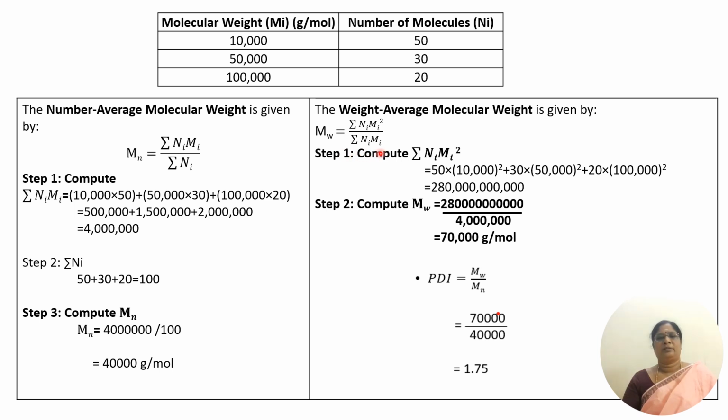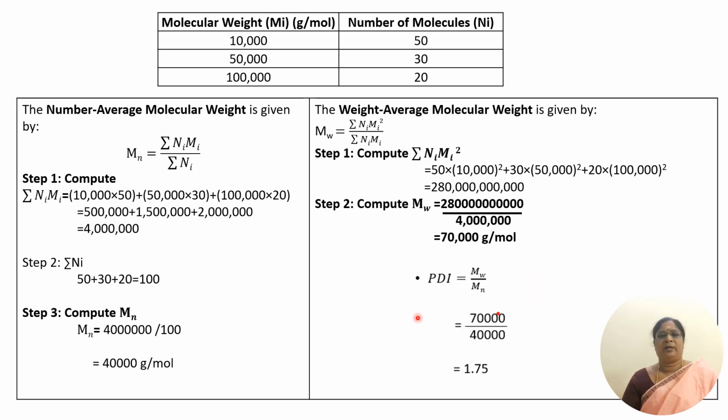The denominator is summation of NiMi, that is 50 into 10,000 plus 30 into 50,000 plus 20 into 1 lakh, which is 40 lakhs. Then compute the weight average molecular weight by dividing the numerator by the denominator, which will give you 70,000 gram per gram mole.